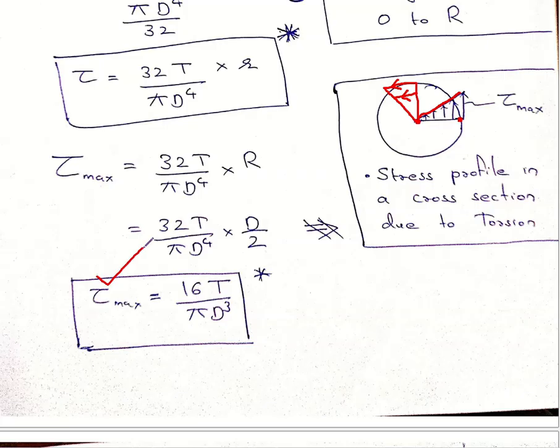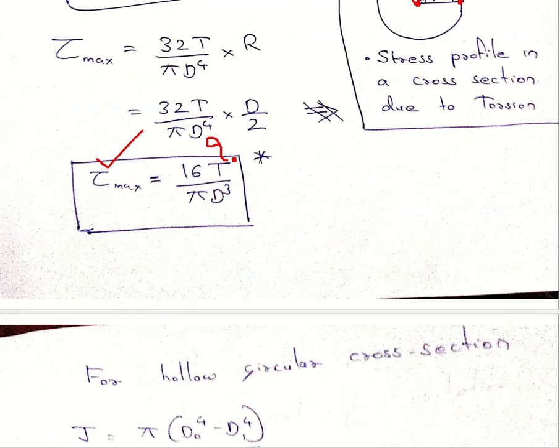Then what is the maximum twisting moment that we can apply at that section? Then from tau max, you will have to find T, the twisting moment value. So this equation can be asked in any manner, forward calculation or reverse calculation. All you need to know is the diameter. So that is one application of the torsion equation.